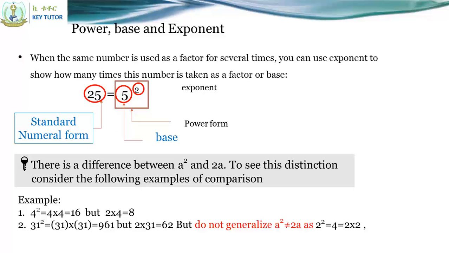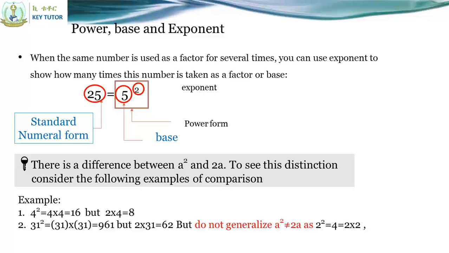They are different. Take 31 squared. 31 squared is 961, while twice 31 is 62. And here also you can see a wide difference between the two numbers.